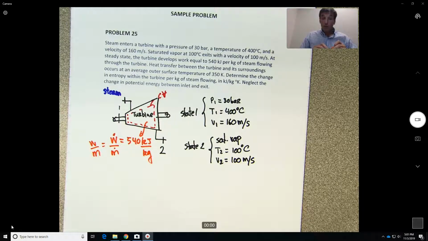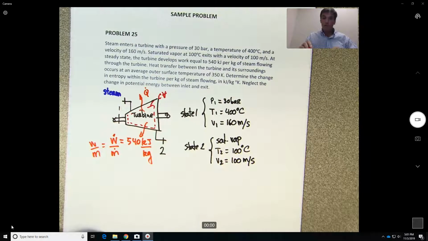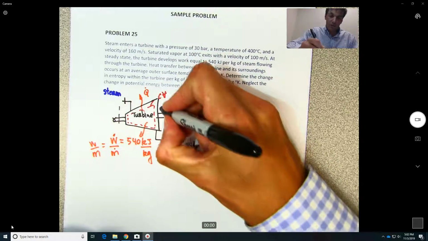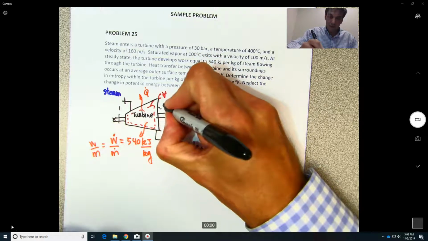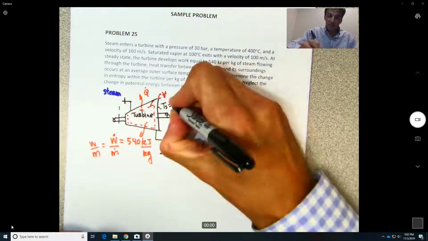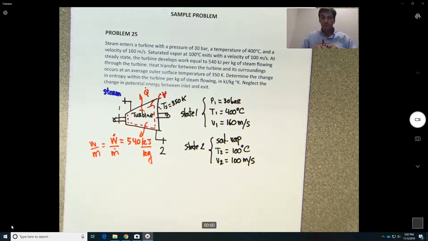Heat transfer between the turbine and its surroundings occurs at an average outer surface temperature of 350 Kelvin. Okay, so that's the difference with the previous problem. This time we have the Q, and the surface temperature is 350 Kelvin.